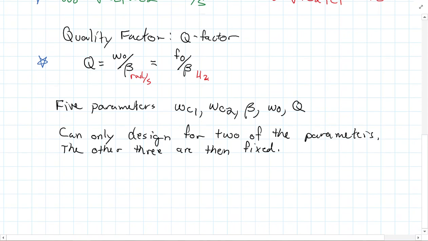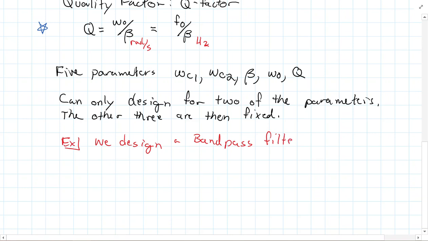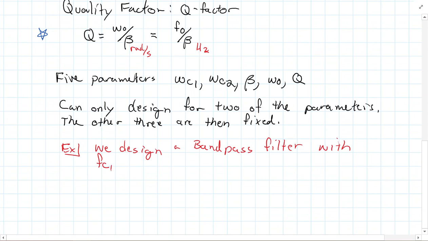And let me do a quick example to illustrate this. So suppose, as an example here, we design a bandpass filter with FC1 is 1 kilohertz and FC2 is 10 kilohertz. So suppose we just designed it like that. So that's it.